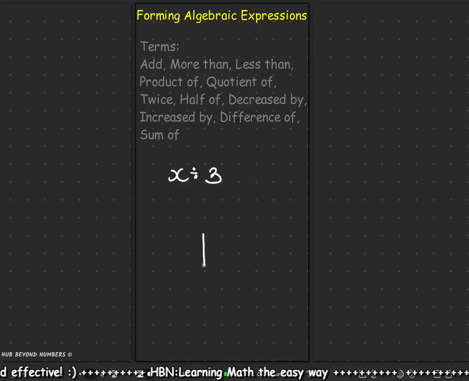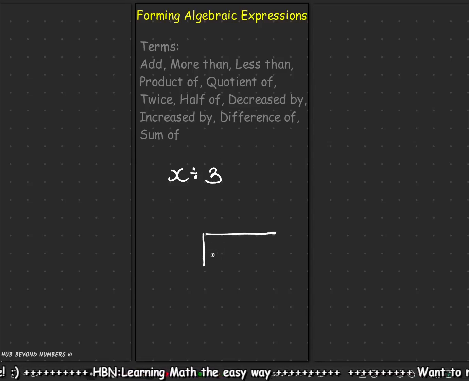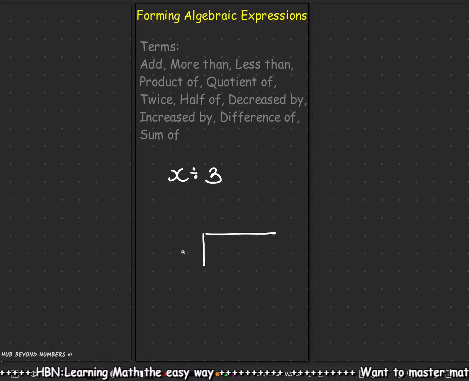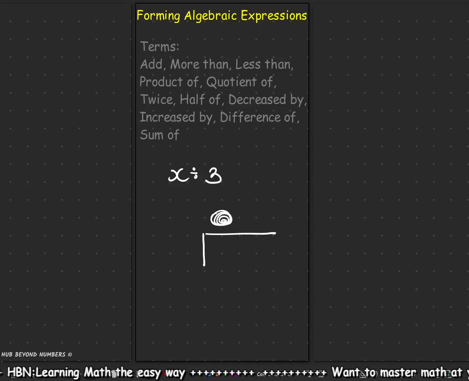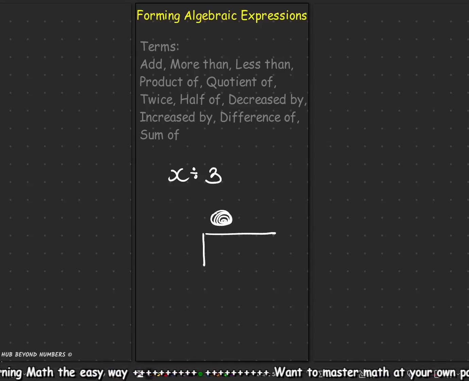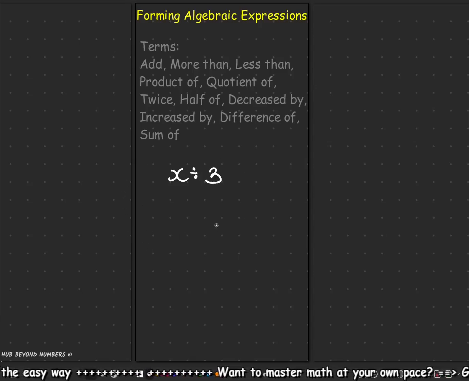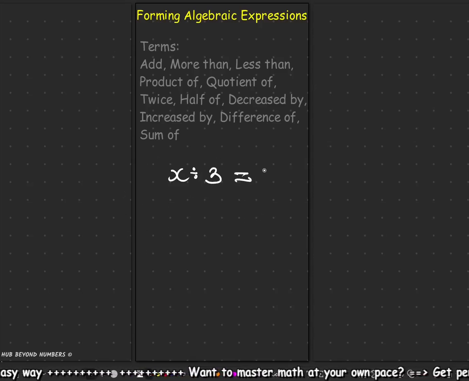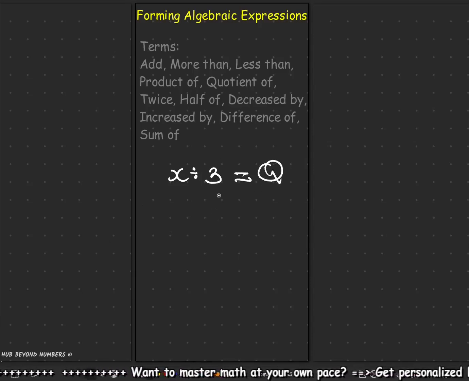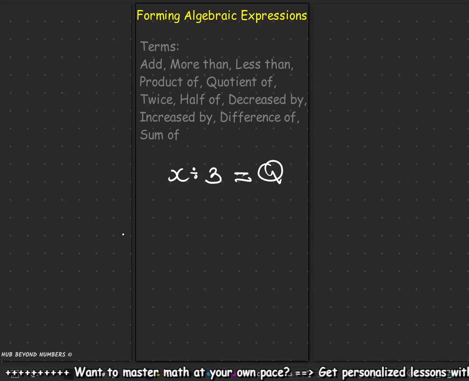Take note that if you perform your long division, whatever you get up here is what we call your quotient. It is the same idea we want to translate into algebraic expressions. Once again, the quotient of a number and 3 simply means the number divided by 3.